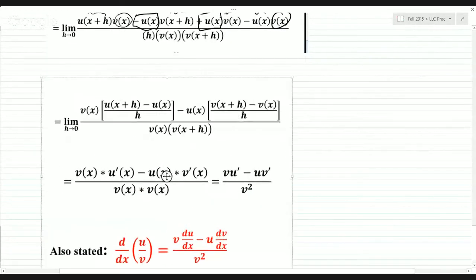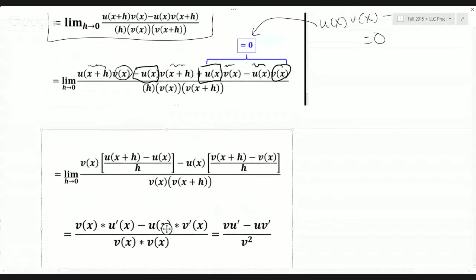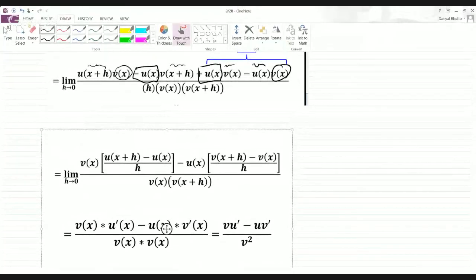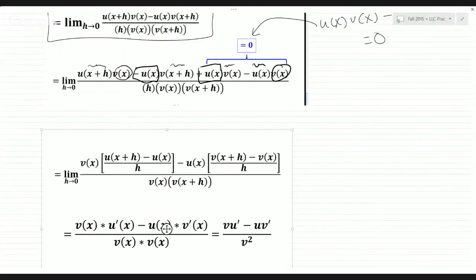Okay, so now they do something crazy here. They take out a v of x. In that original problem, there's a v of x being multiplied with a u of x plus h, and a v of x being multiplied with a minus u of x.